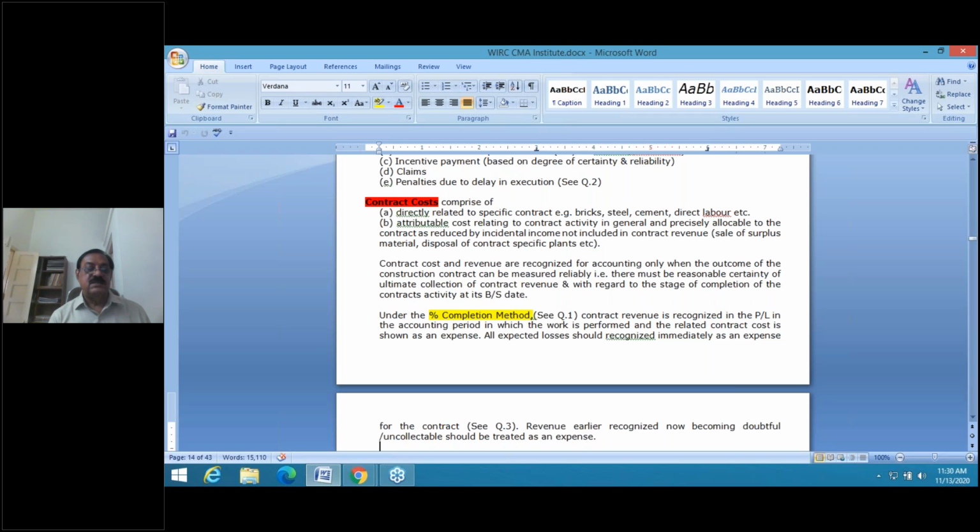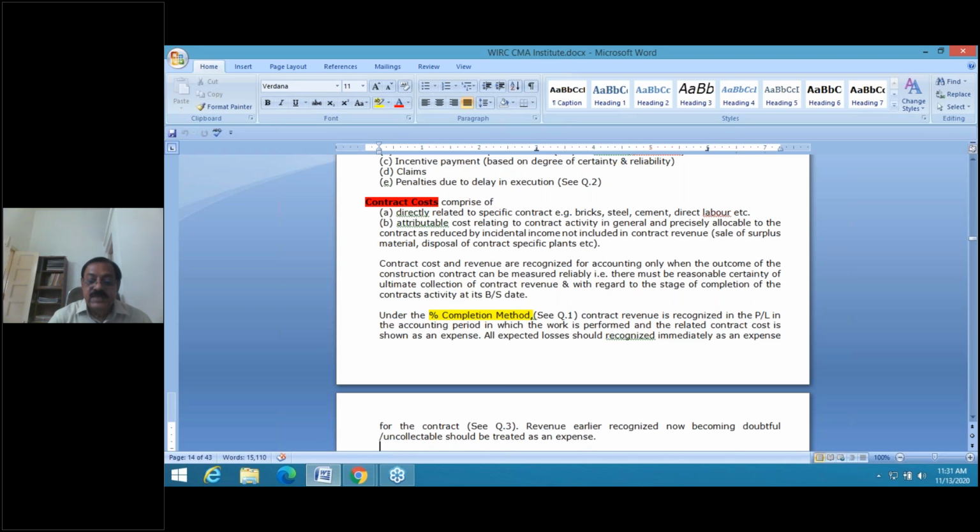Contract revenue is recognized in the P&L in the accounting period in which the work is performed, and the related contract cost is shown as an expense. All expected losses should be recognized immediately as an expense for the contract. Revenue earlier recognized, now becoming doubtful or uncollectable, should be treated as an expense. So here also you have to show it as BDR.